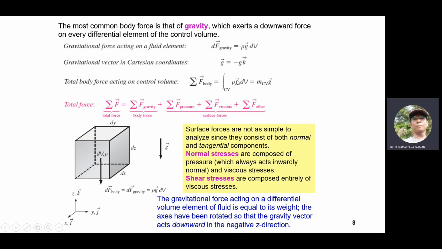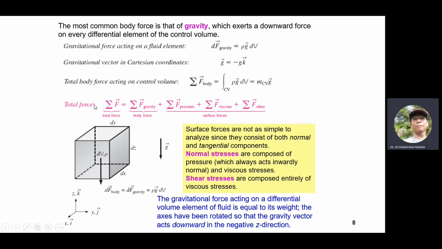We must remember g is relatively constant, and then the integral of rho dV will become the whole mass of the control volume. So it means the total body force becomes the mass of the control volume multiplied by the gravity acceleration.